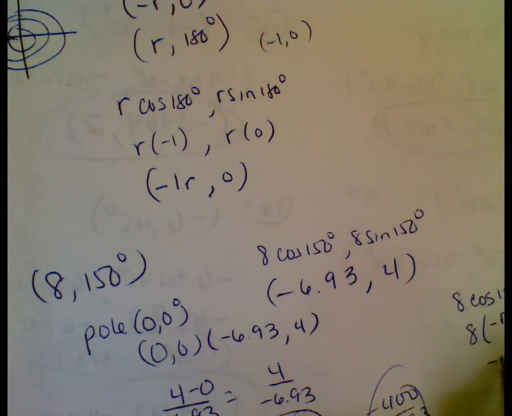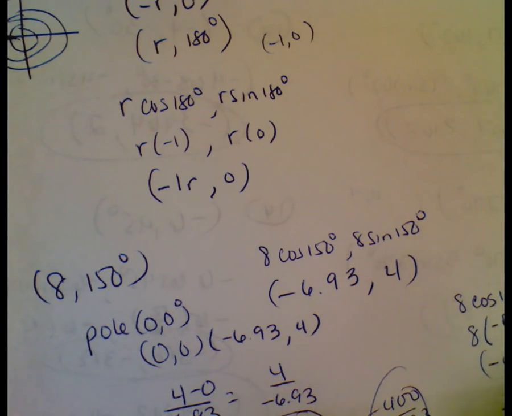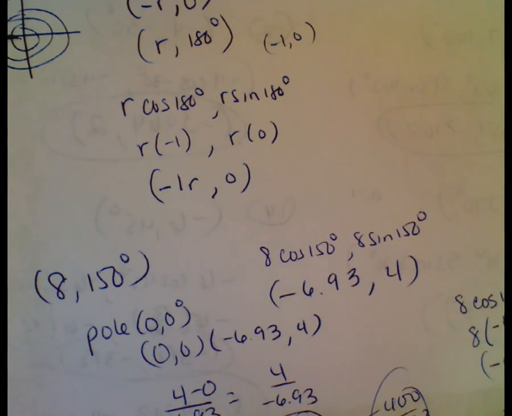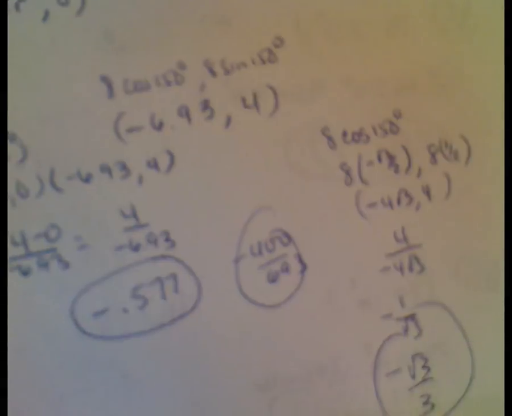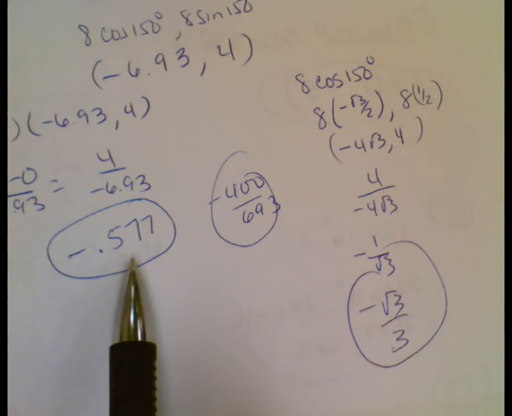So this would be negative 4 radical 3 and 4. So the slope would be 4 divided by negative 4 radical 3, which is negative 1 over radical 3, or negative radical 3 over 3. If you really wanted to do the extra work, there it is. That could be your slope, or I would accept the negative 0.577.